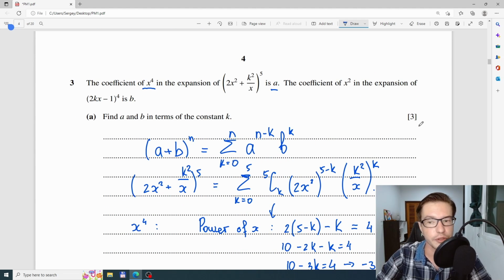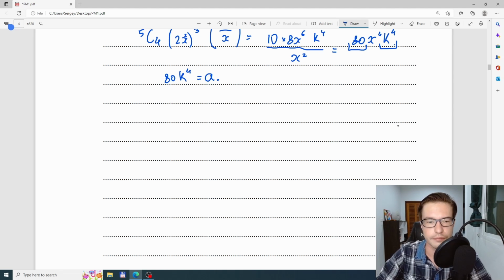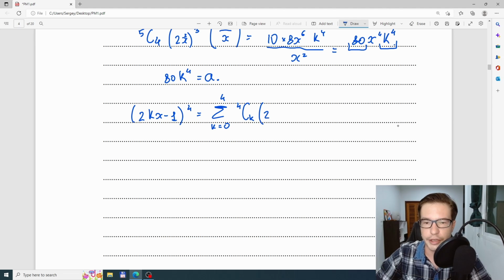We also know that the coefficient of x squared in a different expansion is b. So again, let's use a similar technique. (2kx minus 1) to the power of 4 equals the sum when k goes from 0 to 4, 4 choose k, (2kx) to the power of 4 minus k times 1 to the power of k.